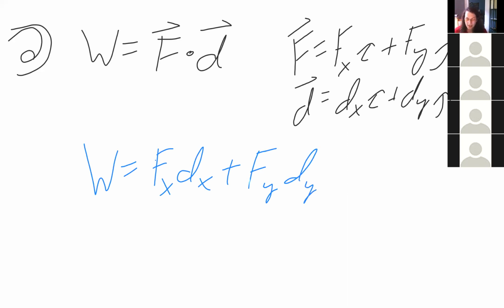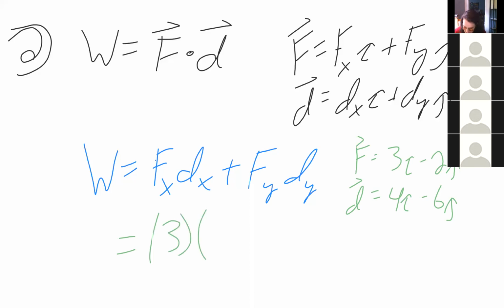Make sure that you keep track of your signs here. So for instance, let's say my F is 3i hat minus 2j hat, and my D is 4i hat minus 6j hat. What that would look like when I go to calculate my work is that the x component of the force is 3, the x component of the displacement is 4, I have plus the y component of this force.